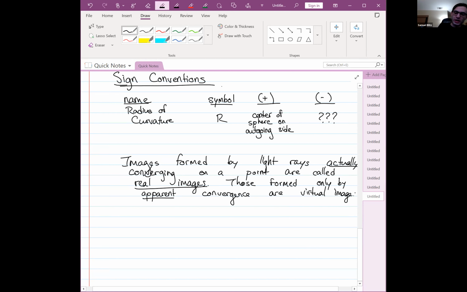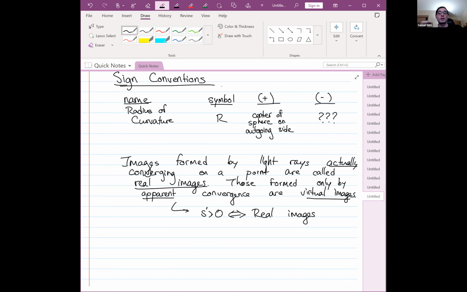The takeaway here is when S prime is greater than 0, we have real images, because that means that the light rays are actually getting to the point where they're appearing to converge. Remember, S prime is positive when the image is on the outgoing side, which means that the light is actually on the same side as the image that's formed.